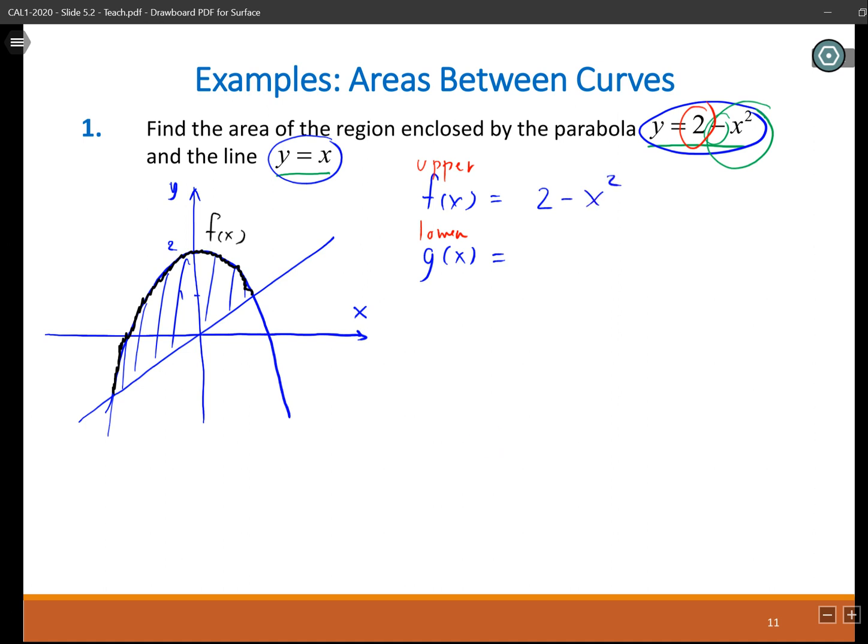What about the base, or the lower function? It's right here. You can see from the whole geometry of this shape that this is g(x) at the base. So g(x) equals x. Once you have this region, I want you to imagine small rectangles along the way in the Riemann sum.